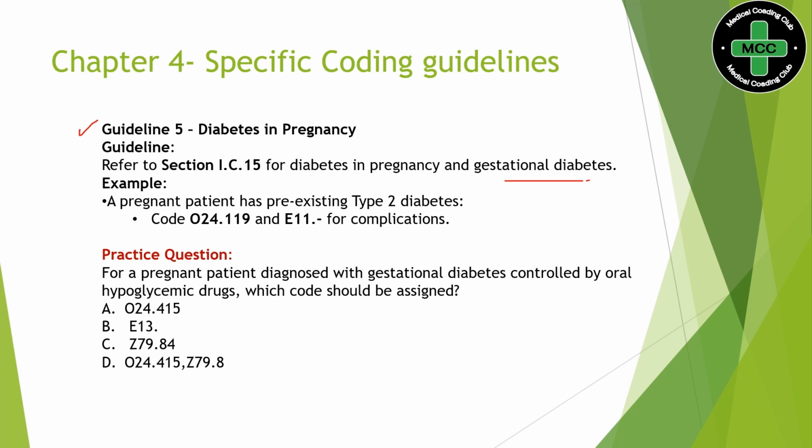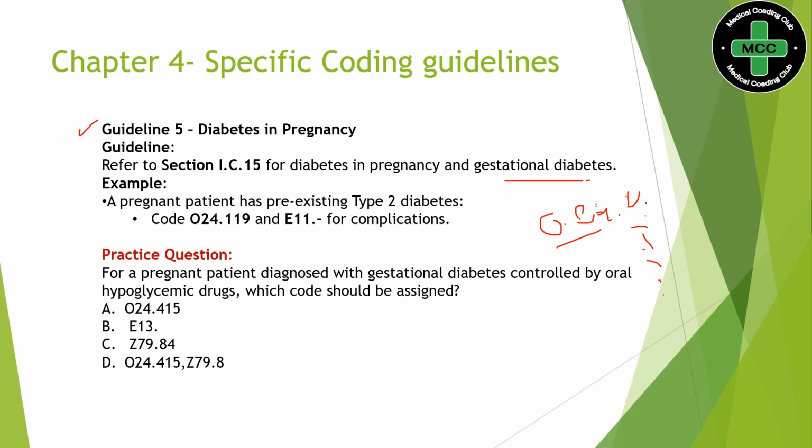Now the next guideline is about gestational diabetes. The gestational diabetes code range is O24.4 series. The O24.3, O24.2, and O24.1 series will go to pre-existing diabetes. When it comes to gestational diabetes, make sure you do not use any additional medication code.